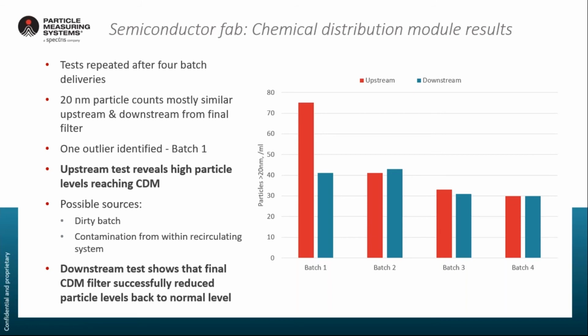But the upstream measurement was able to catch the elevated particle counts in the incoming liquid arriving into the CDM. And the downstream measurements show that although the particle counts in the chemical arriving in the CDM were much higher than normal, the final stage of filtration was doing a good job reducing the particle counts back to typical levels, so it wasn't a threat to the production process.